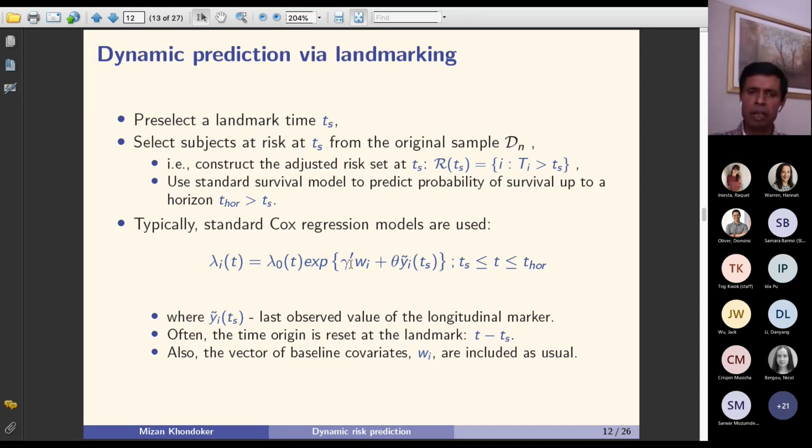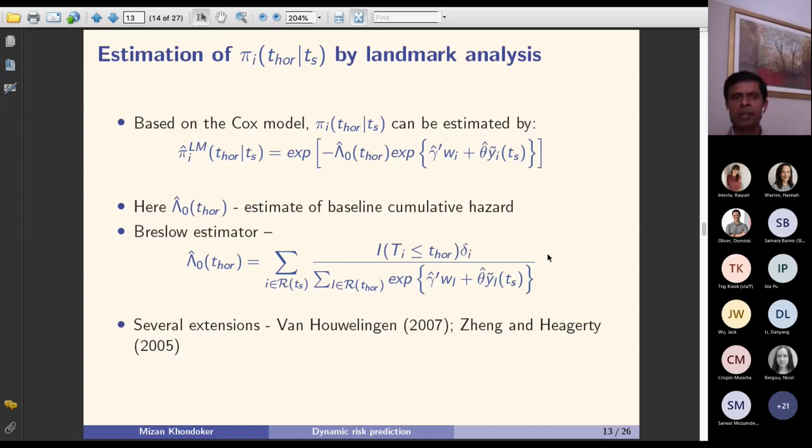So landmarking is actually very simple. You just need to subset your data based on who is at risk at a particular landmark time point. Once a model has been fitted on the subset data, you can calculate the dynamic prediction. The probability of survival up to the horizon given t_s is given by this formula.